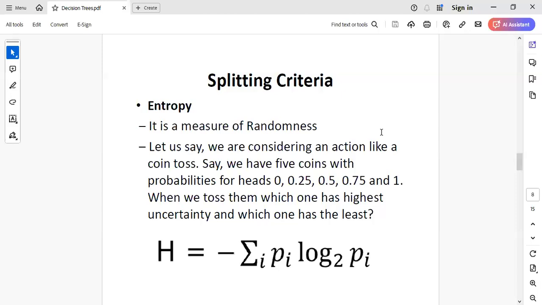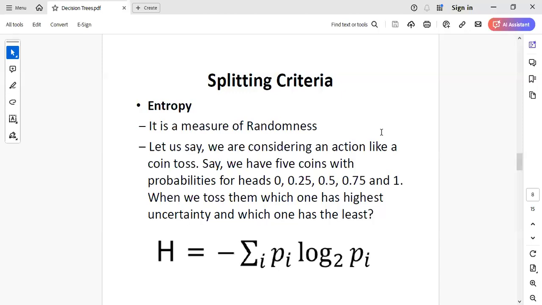If you say entropy, they may also ask you the formula. So the formula is minus sigma p_i log p_i to the base 2. This is the formula of entropy. Entropy is error. We will use this entropy formula on each and every attribute. Whichever attribute has the lowest entropy value will be treated as the root node.